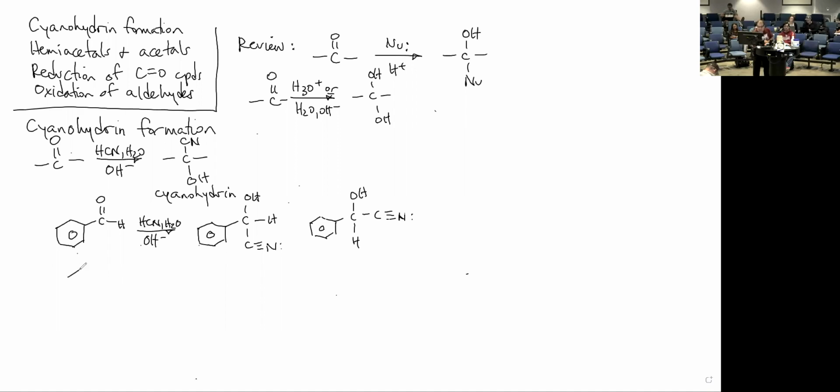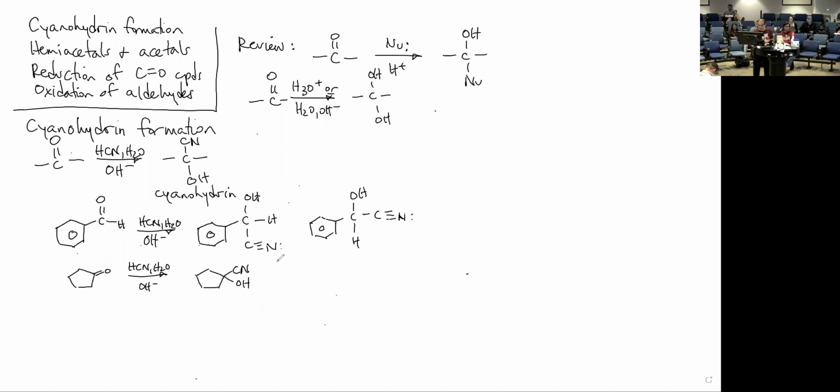If you were to take, let's say, cyclopentanone and treat it with HCN with a little bit of aqueous base, I would expect that you would get the cyanohydrin of cyclopentanone, which would look something like that.